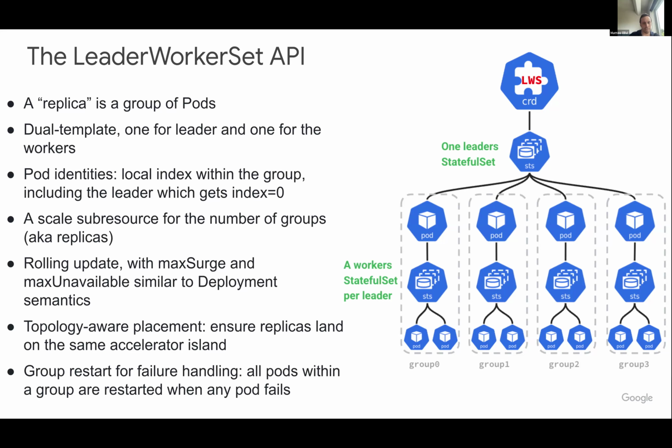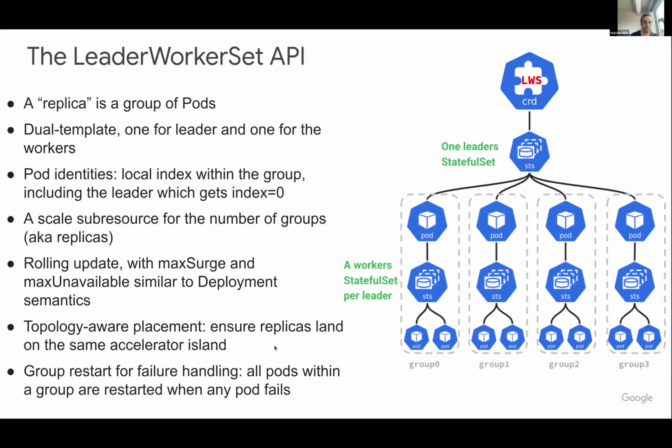Hi, yes. When you write that you need to ensure that replicas land on the same accelerator island, does that happen via the usual Kubernetes mechanism, such as labeling nodes and using node selector? And if so, are there some guidelines for, say, the cluster administrator on how to label nodes?